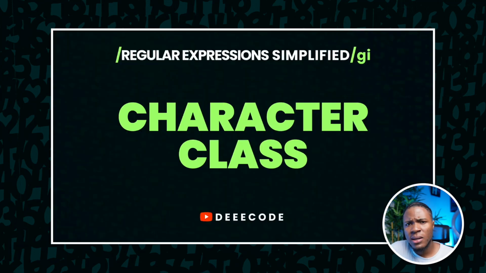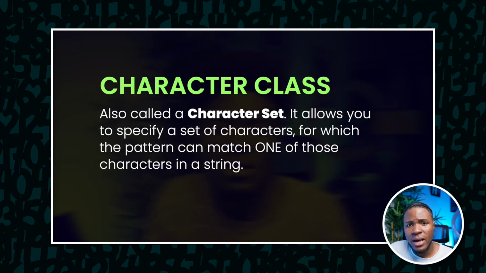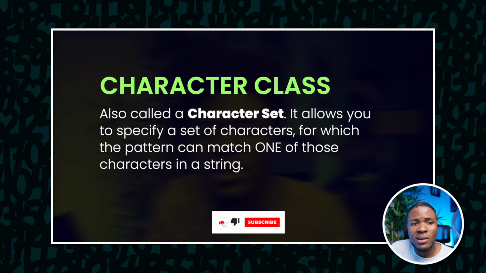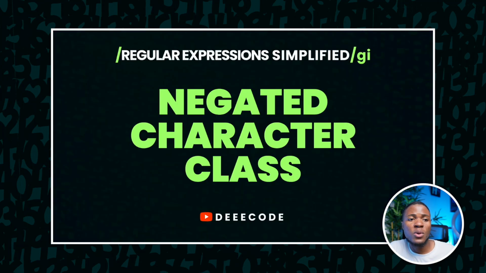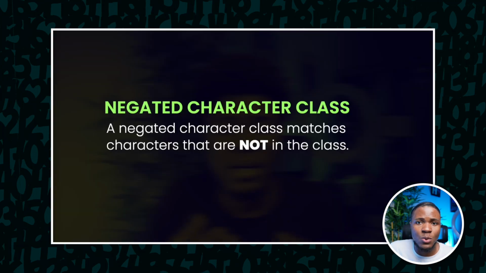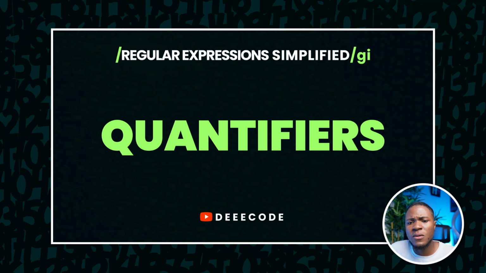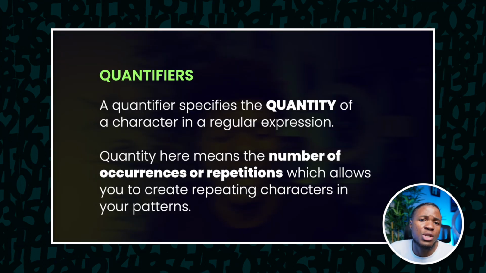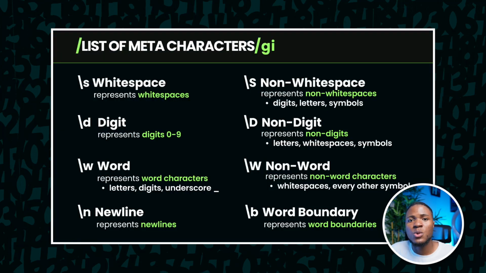Then we looked at character classes, which allow you to specify a set of characters for which the regex engine will match one of those characters in a string. And along with that, we saw negated character classes, which allow you to match characters that are not in the character class. Then we saw quantifiers, which allow you to match a repetition of a character in your regular expression. We also looked at meta characters, which are made up of the backward slash and a character, and they can represent other characters.